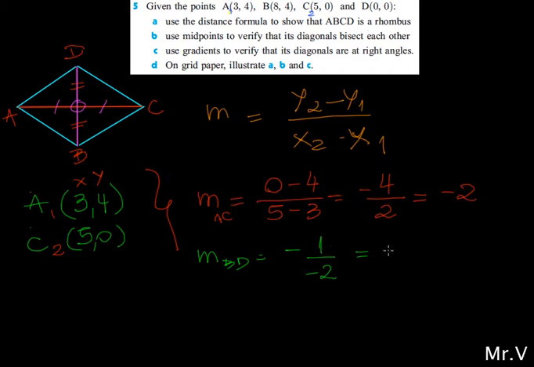Okay, negative negative, rule of the signs, this becomes 1 over 2. So if I find that the slope of BD is equal to 1 over 2, using the concepts, I can say that I just verified that the diagonals are at right angle.